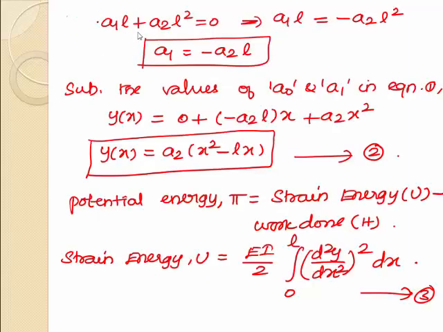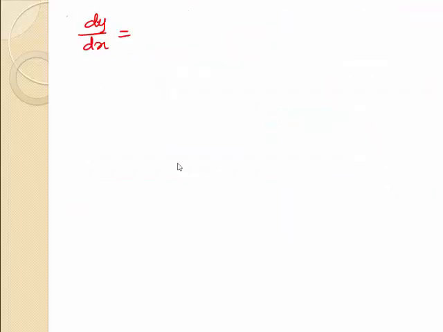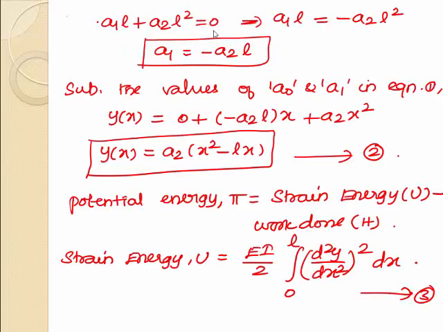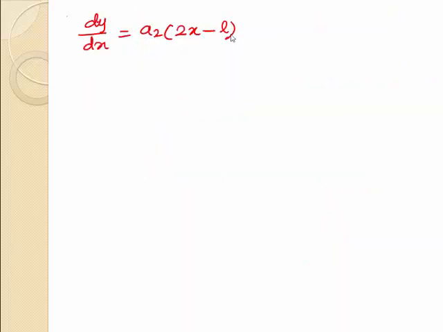So dy by dx is equal to, differentiating equation 2 with respect to x, a2 into 2x minus L. Then d square y by dx square, again we differentiate the above expression with respect to x. So a2 into 2 minus 0, so 2a2.